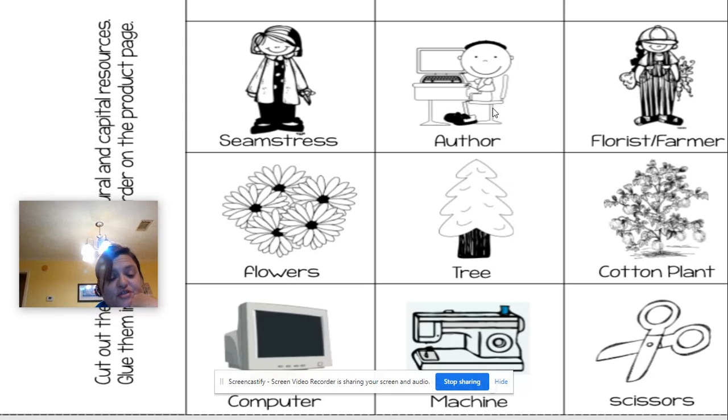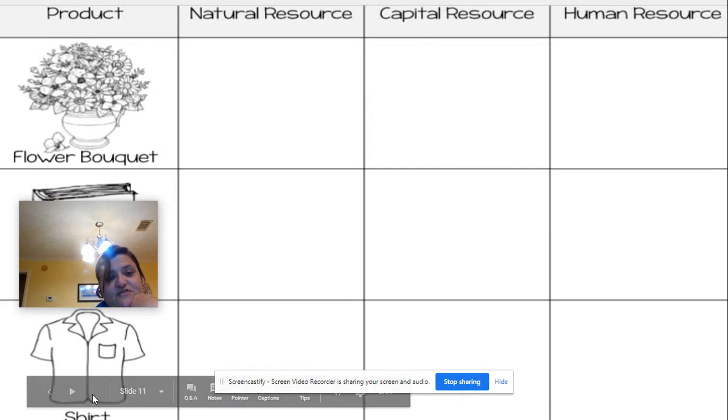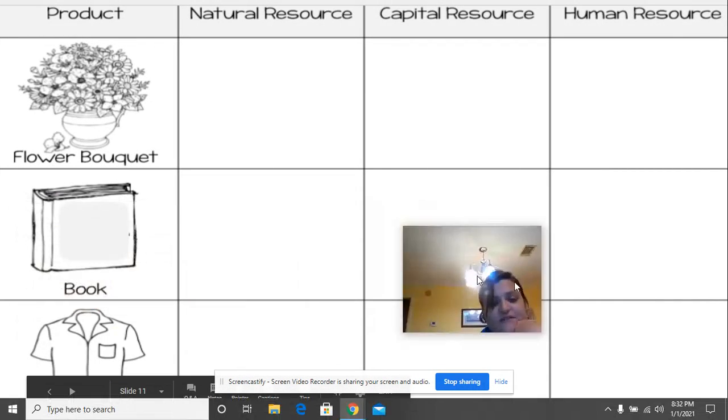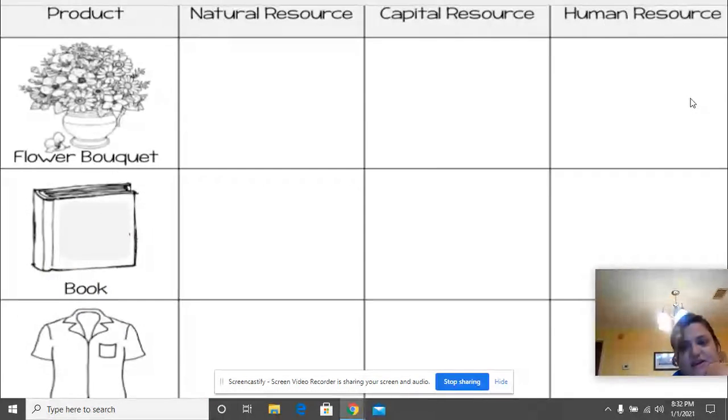Is it going to be the author, the man that writes the book? No. What about the florist or the farmer? A florist is somebody that works with flowers and makes bouquets. So, right, this is the one we're going to choose. So I've completely done the flower bouquet for you. So you're going to paste those here.